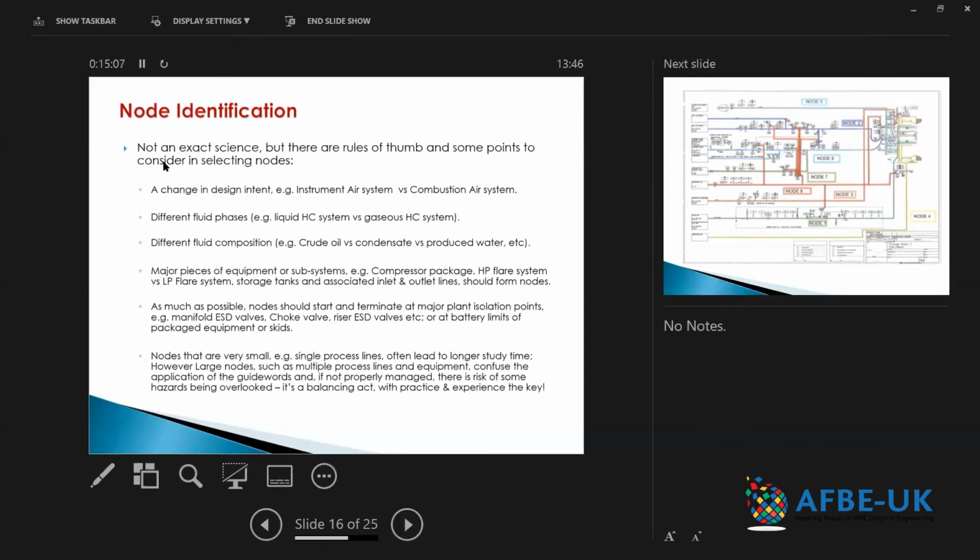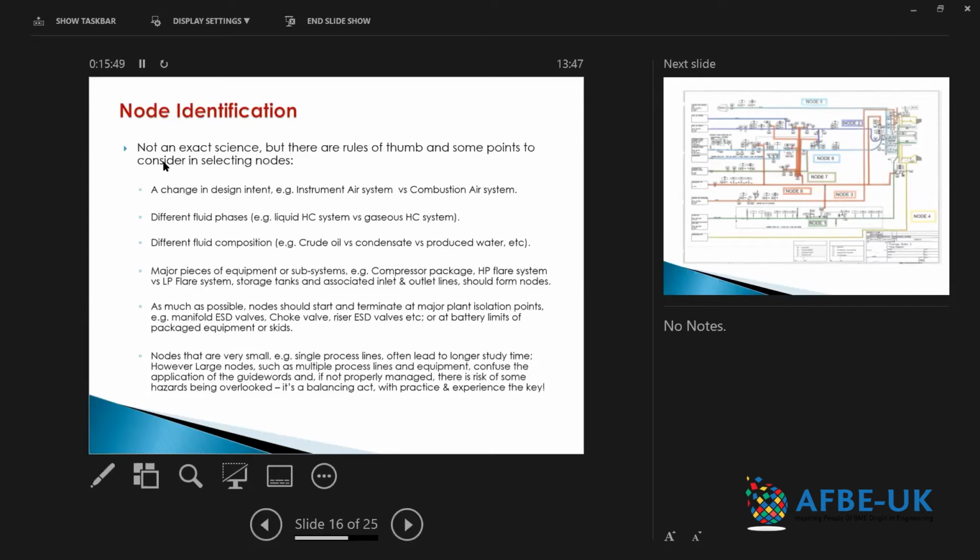Sometimes you could decide to take a single line, for example your air supply line that has a recycle line back to the supply source, and you decide to take the supply section of that line only as a node, and then the return section be a separate node.